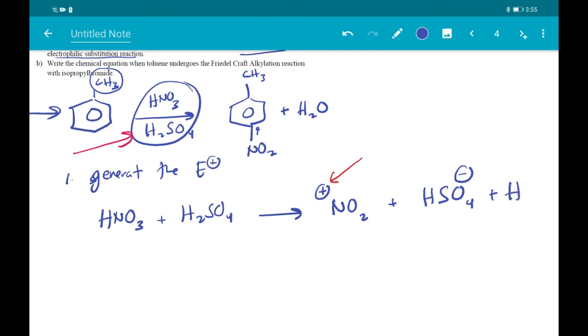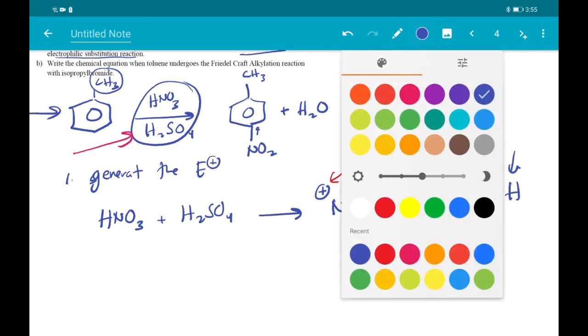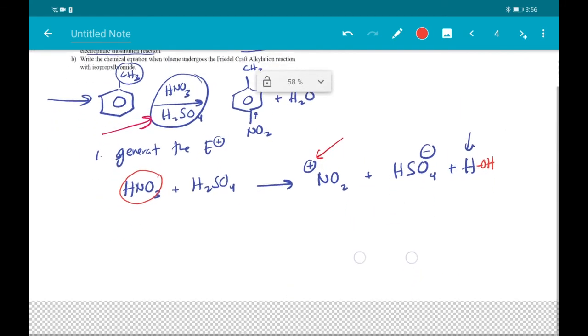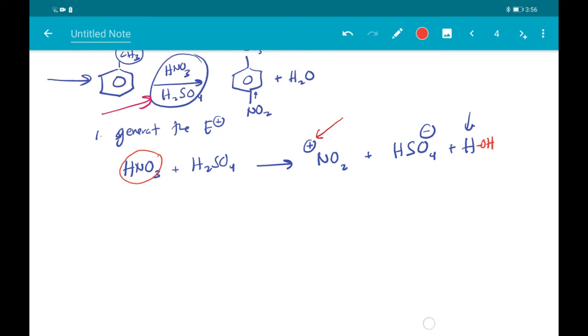It comes from the hydrogen coming out from the sulfuric acid just now, and then it's going to attach to the OH coming out from the nitric acid. That's why we get the water molecule. So this is the first step where we obtain our electrophile and our nucleophile that will be used in the next step.